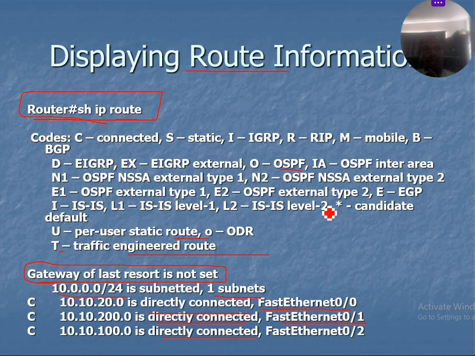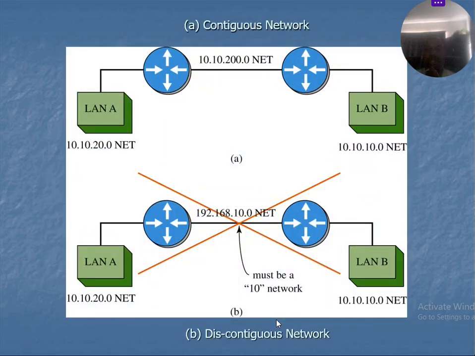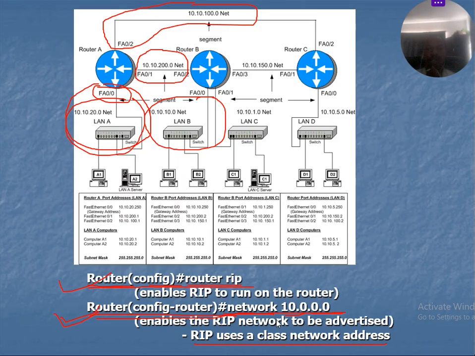When you say displaying the route information, it tells you all the routes to the destination that are available for the data packet. This way is available, and this way is available.